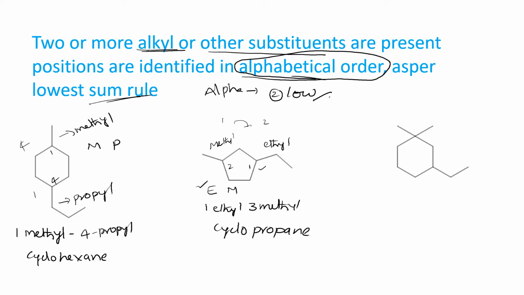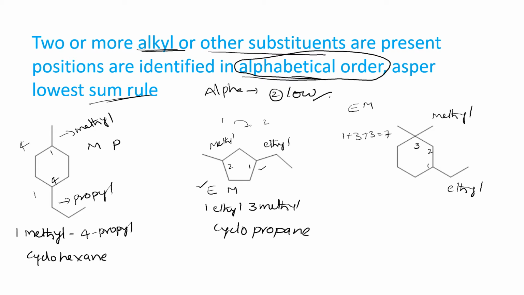Here, for example, this one is an ethyl substituent, and these are the methyl substituents. Two methyls are there. If you go as per alphabetical order, E and M, you get positions 1, 3, 3, and the sum is 1 plus 3 plus 3, which is 7.